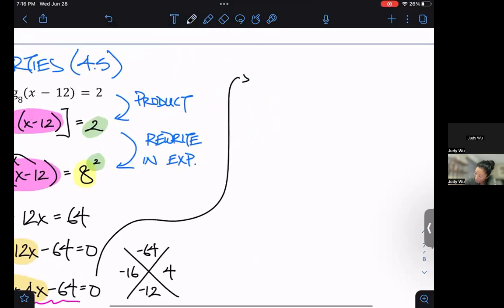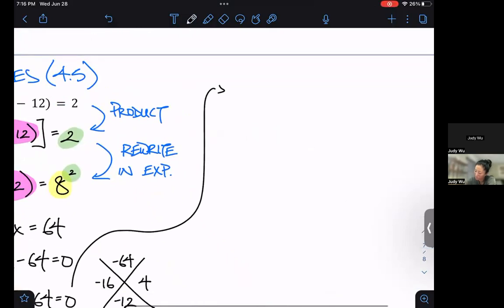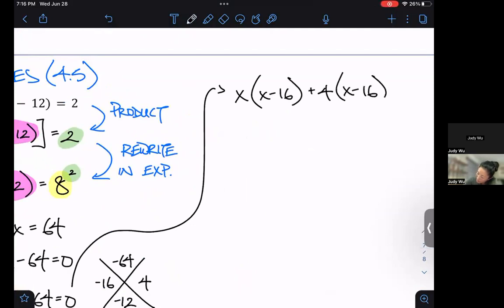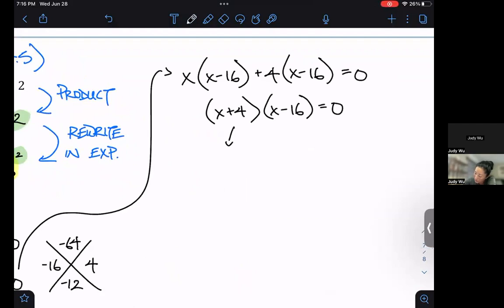So I end up with x times x minus 16 plus 4 times x minus 16 equals 0, which is x plus 4 times x minus 16 equals 0. Now I can set each one of those equal to 0. x plus 4 equals 0, so x equals -4, or x minus 16 equals 0, or x equals 16.